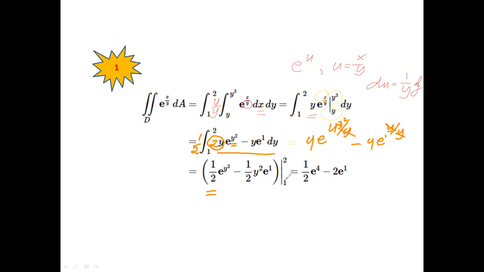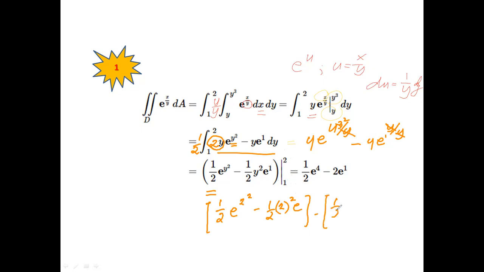Now, don't forget that you still need to substitute the limits 1 to 2. So you substitute 1 and 2 to the y. So in this case, you will have 1/2 e raised to 2 squared, this is for the upper limit, minus the lower limit, which is 1.